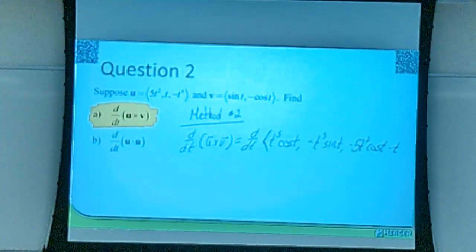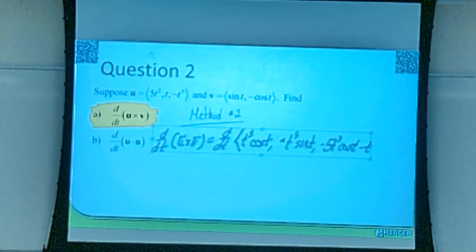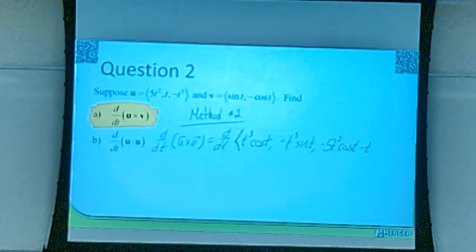That's always lovely. Let's move it. Negative 5t squared cosine of t minus t sine of t, right?